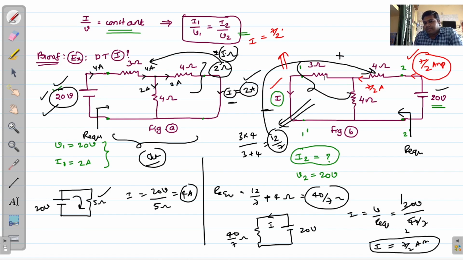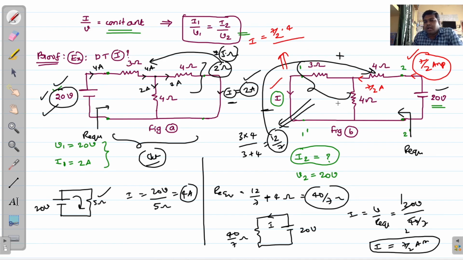We have two parallel branches here, one is the 3 ohm branch and another one is the 4 ohm branch. If you want to find the current in the 3 ohm branch, you take the 4 ohm; if you find the current through the 4 ohm branch, you take 3 ohm in the numerator. I am considering the current through 3 ohm, so I am taking 4 ohms here, divided by the total impedance.